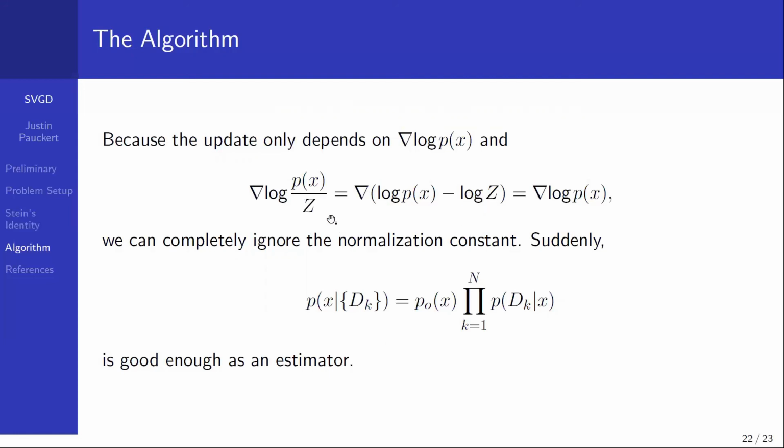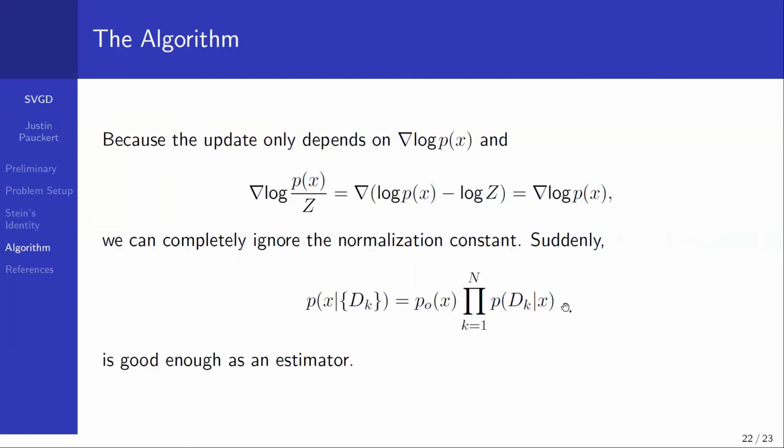And so we can forget about it in the first place, right? And this is why this algorithm solves the problem that I discussed in the problem setup in the first lecture, where we discussed the naive transformation methods, which have their limits with that normalization constant, and that is hard to compute.